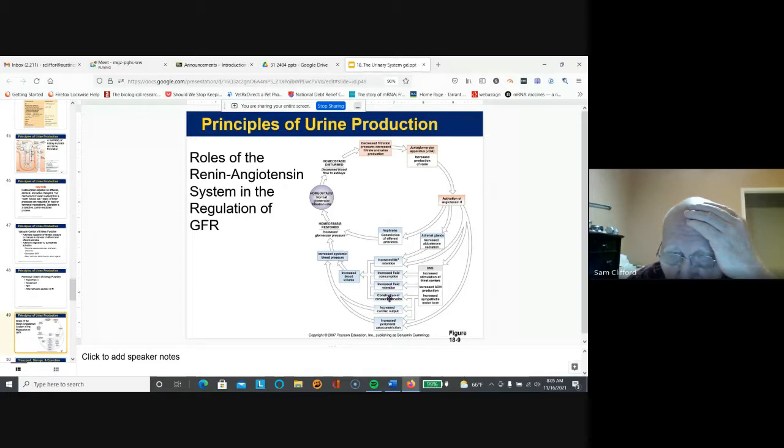Again, more retention of fluid, constriction of the venous reservoirs, which is going to result from sympathetic tone, increased cardiac output, and increased peripheral vasoconstriction.